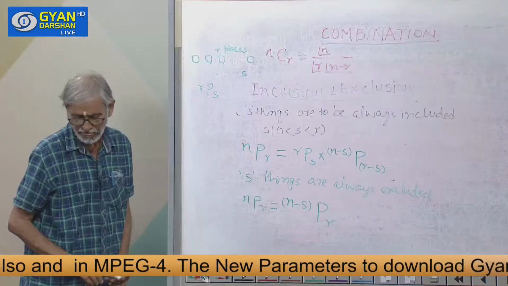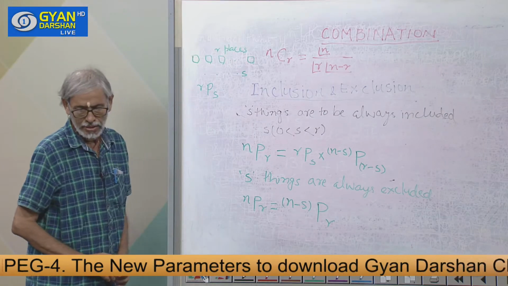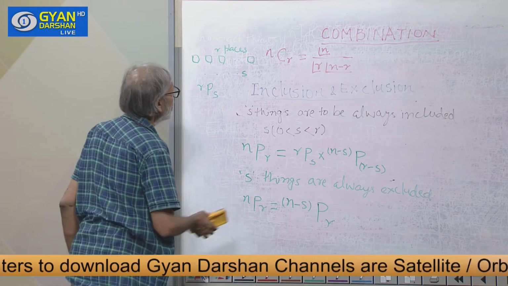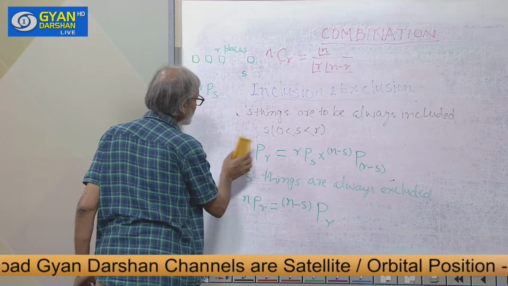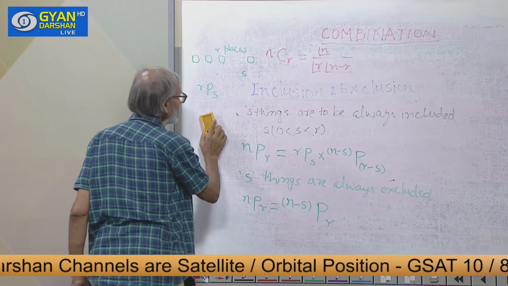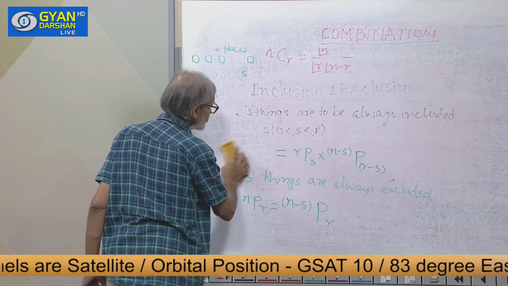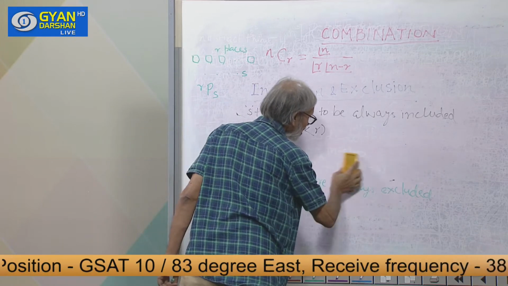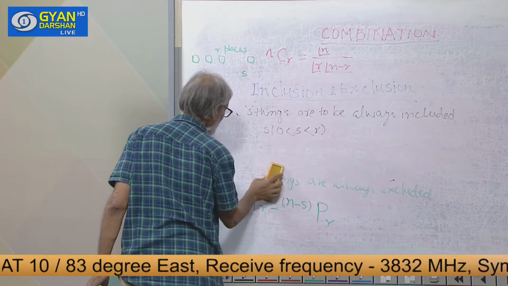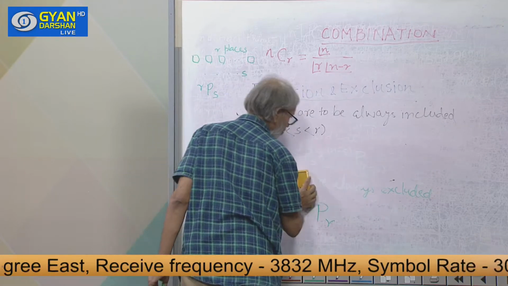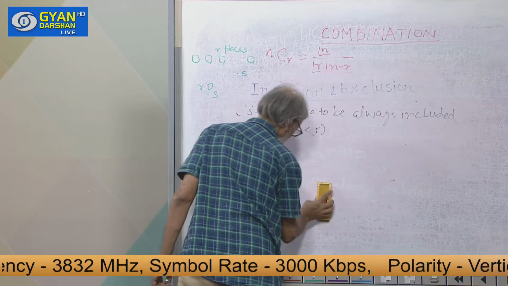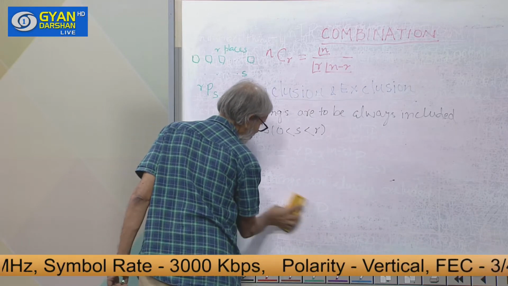Let us take what happens in case of combination. Suppose the order is not important, only grouping is to be done, then what will be its formula?